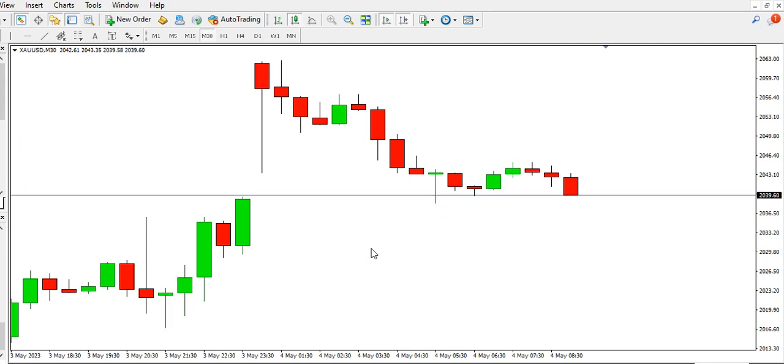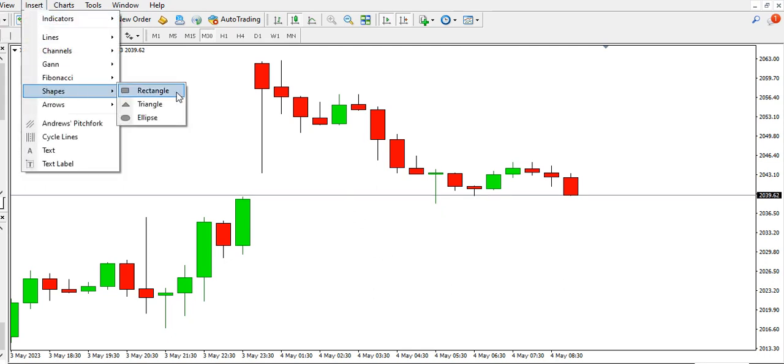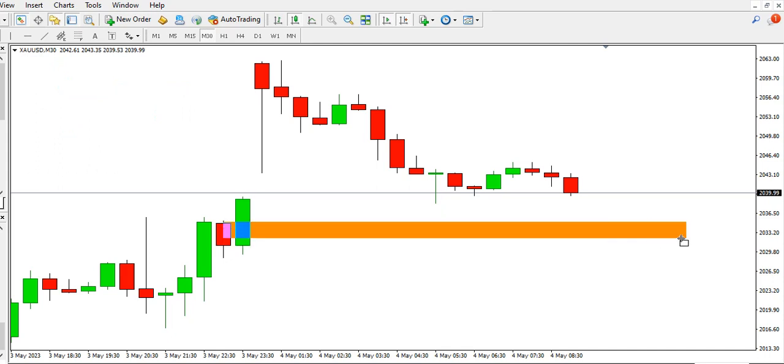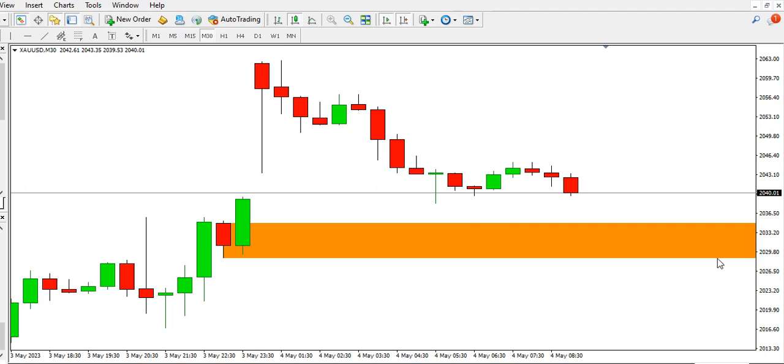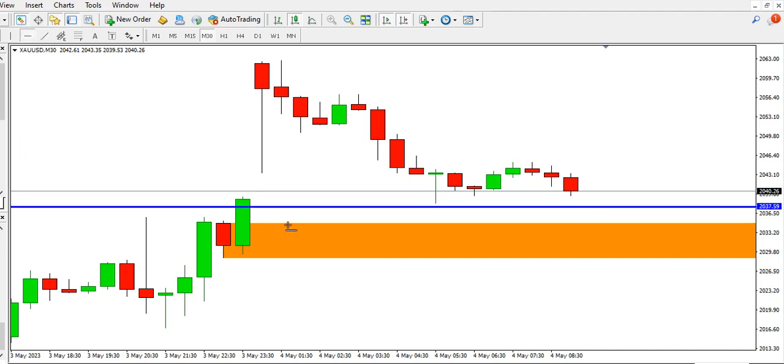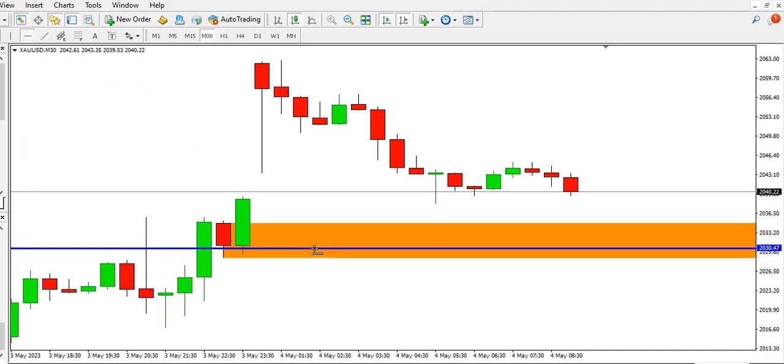So we don't know how far price is going to go, but on the 30 minutes time frame, I see a support around here, around the 2030 area.